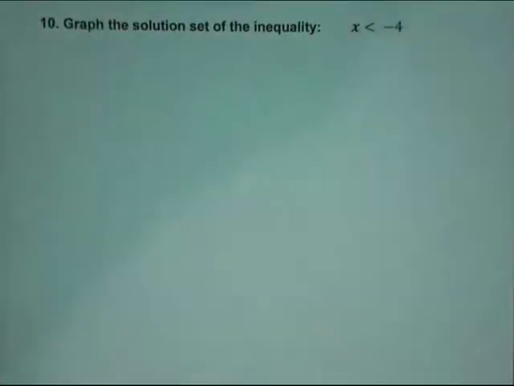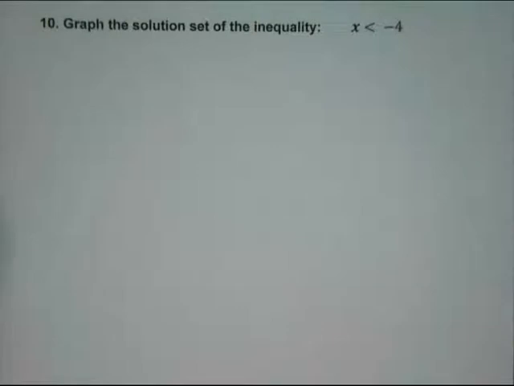Exercise 10. Graph the solution set of the inequality x less than -4. Okay, because it's in the context of an exercise set whose title is two variable linear inequalities, we know we're supposed to be working in the xy plane here.